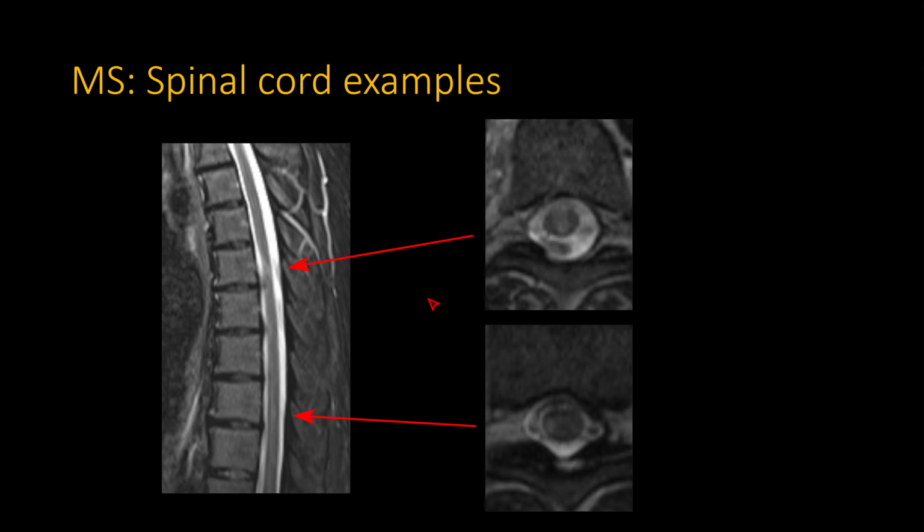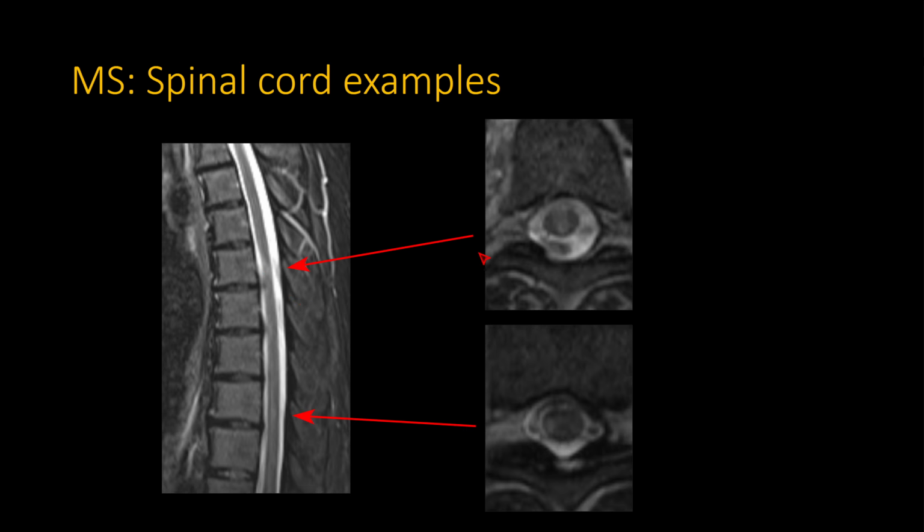Here are some example lesions, slightly more subtle, in the thoracic spine. These I tend to find first on the axial plane and then confirm that I see them on the sagittal plane. So here's some hyperintensity involving the anterior cord at this level. And if you look at your sagittal plane, you have some hyperintensity at that same level anteriorly in the spinal cord as well.